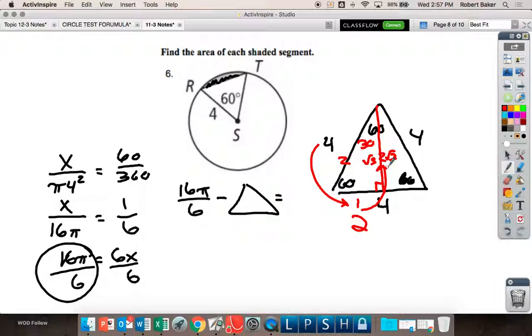So to find the area of that triangle, it's 1/2 times the base times the height. Well, 1/2 times 4 is 2, and 2 times 2 is 4. So the area of the triangle is 4 square roots of 3.